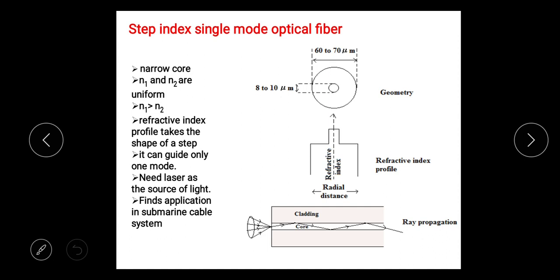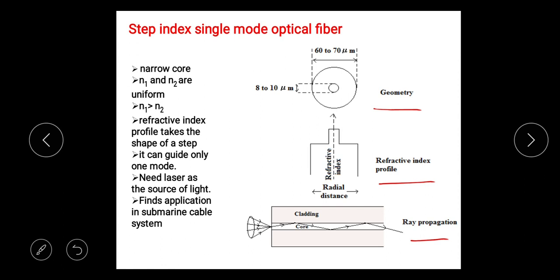Let us see the first one, step index single mode optical fiber. Three diagrams are shown here. First one is geometry, second one is the refractive index profile, third one is ray propagation. So first, geometry indicates the diameter of core and cladding. Inner circle indicates the diameter of core and outer circle indicates the diameter of cladding.